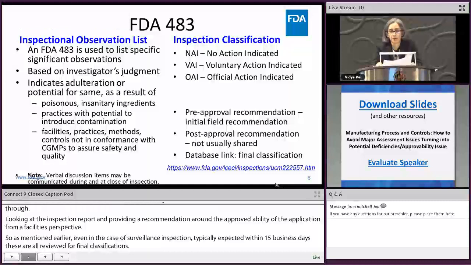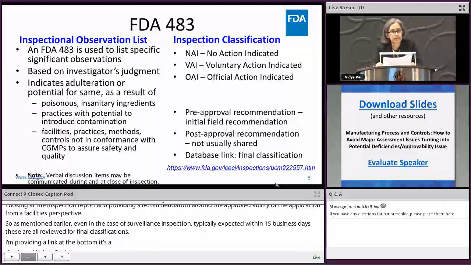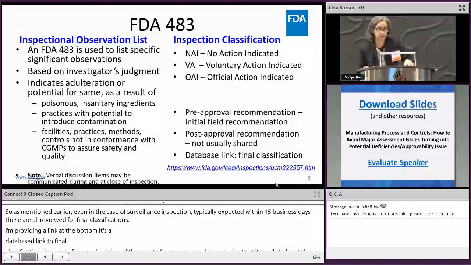As part of your submission or at the point of approval, I would like to emphasize that facilities need to be in a state of compliance, and this database could be a point for you to check the compliance status of facilities that support your particular application.